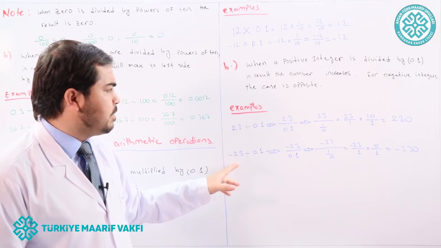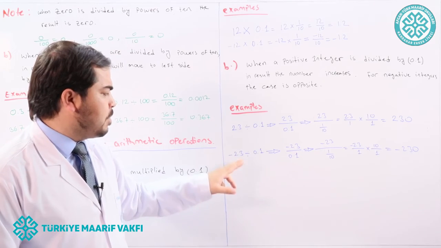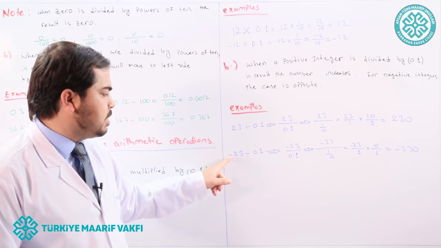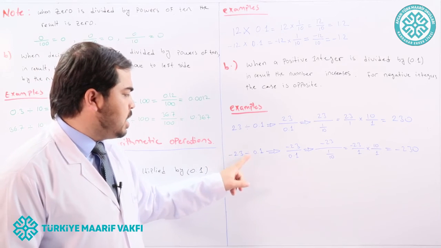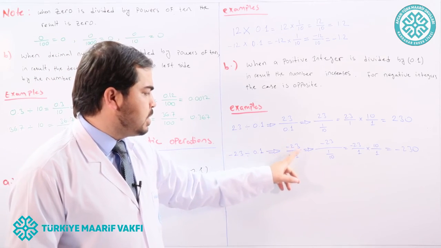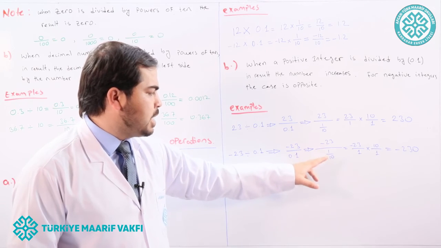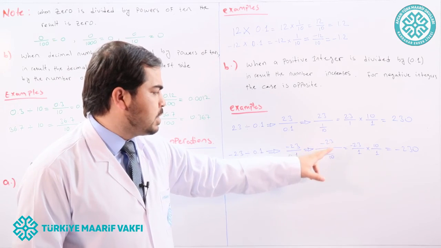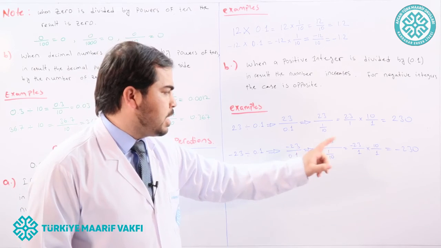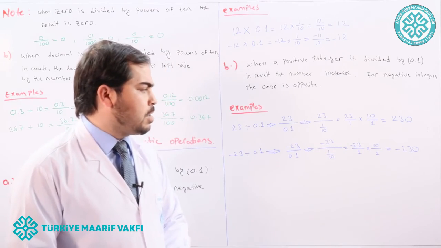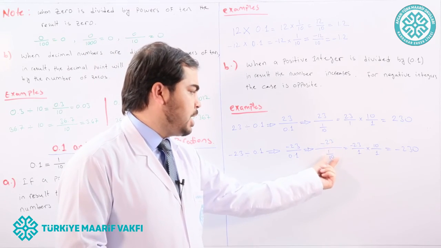Now we are coming to negative numbers. Here we have the same 23, but this time it has a negative sign. So minus 23 divided by 0.1. We can change it to a fraction. It will become minus 23 divided by 1 over 10. Now we will solve this fraction.